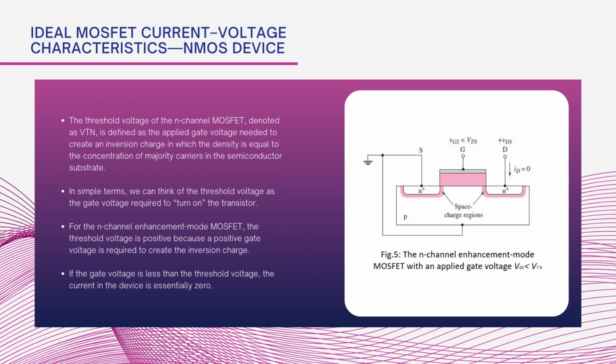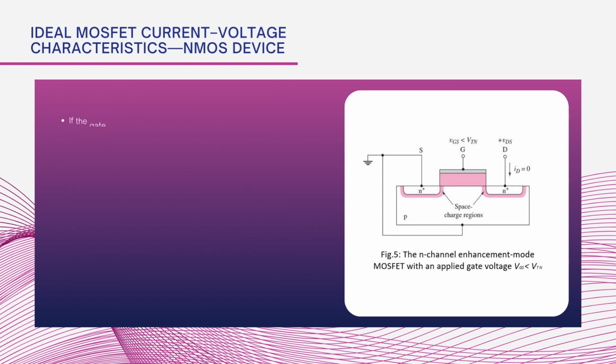For the N-channel enhancement mode MOSFET, the threshold voltage is positive because a positive gate voltage is required to create the inversion charge. If the gate voltage is less than the threshold voltage, the current in the device is essentially 0.